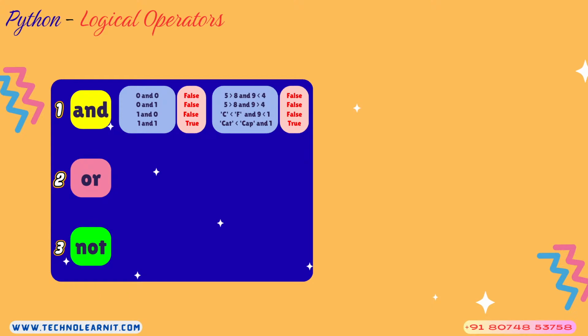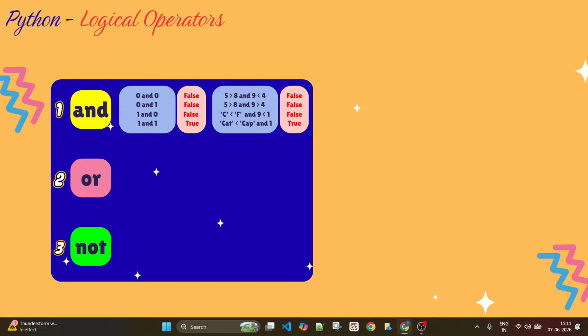Then it checks the character T from cat compared with character P from cap. T less than P, which is true. And interestingly, the second part of the condition is just 1, which means it is true already. So true and true is true, hence the end result would be true. This is how the logical AND works in Python.